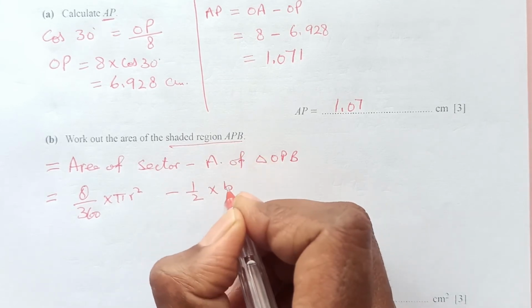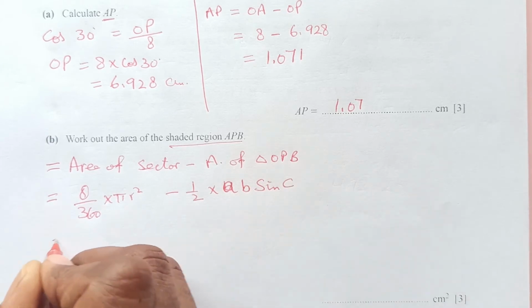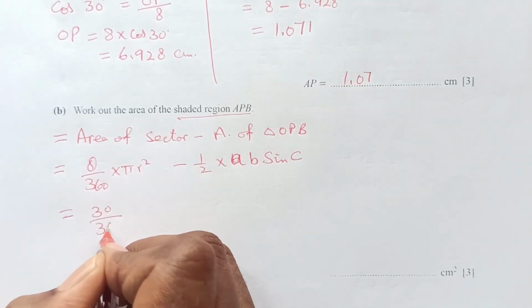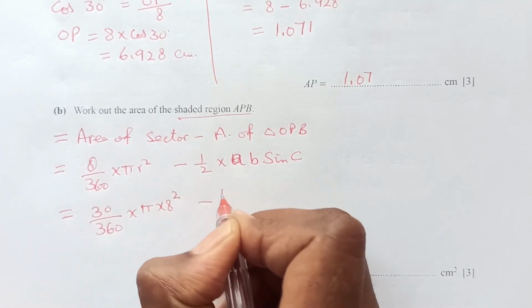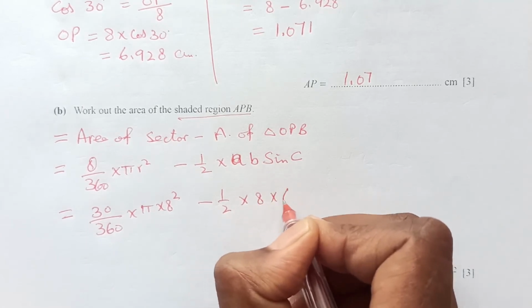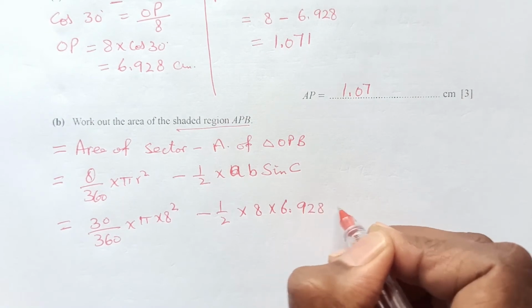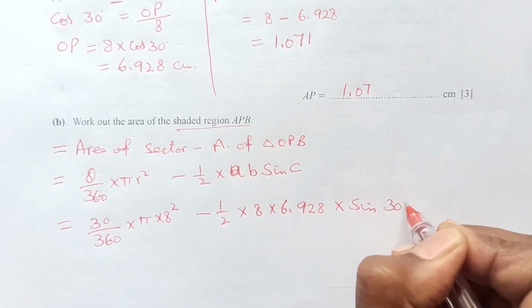Area of sector is theta over 360 times pi r squared. For the triangle, half times base times height, no, we can use the formula half ab sine C, right? So theta here is 30 degrees over 360, pi times 8 squared, minus half, 8 times 6.928, times sine C. C is 30 degrees, right?